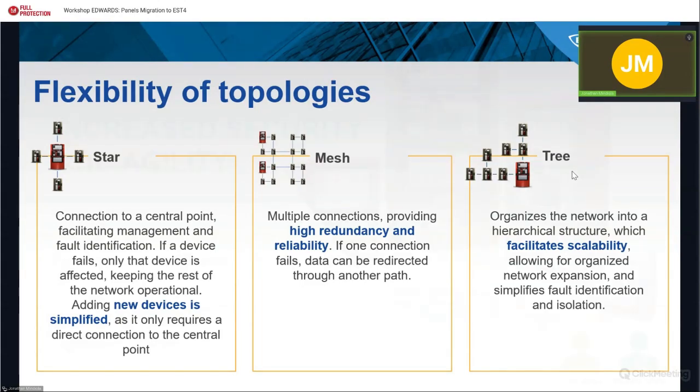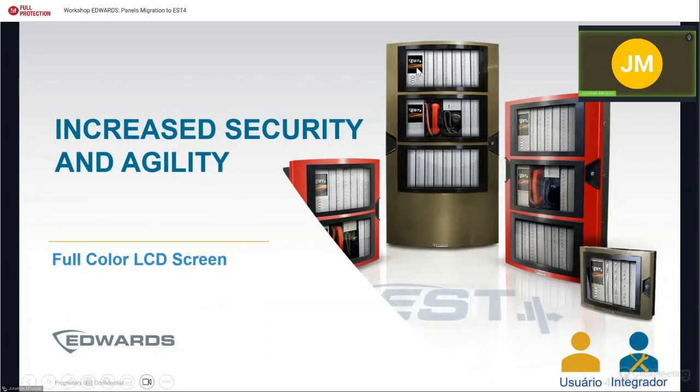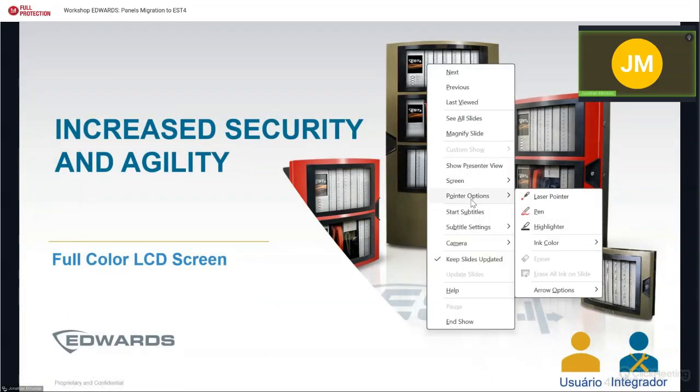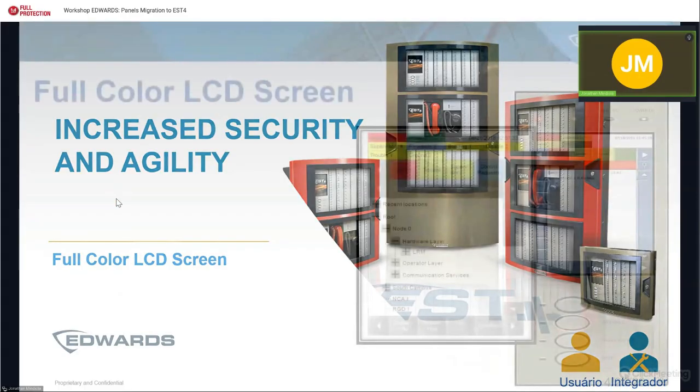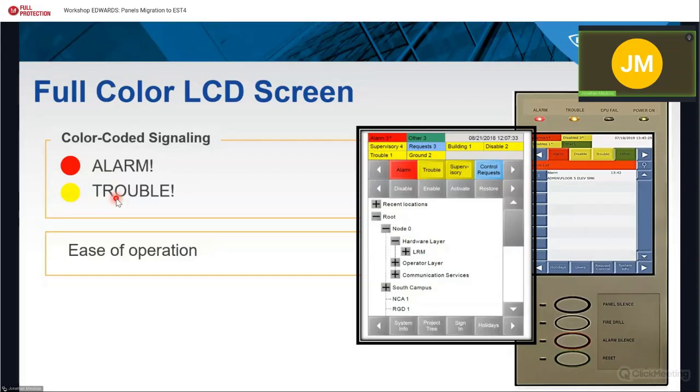Then, if you see this image, let me change the pointer options to laser pointer. You will see that the EST4 has a full color touch screen. So when you do the migration from EST3 to EST4, you must change it.